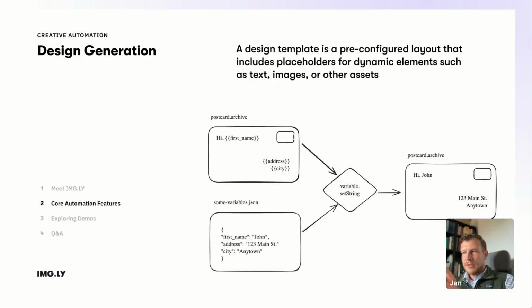I designed a postcard once, and then I want to data merge my database of recipients into that. This is where I talk to the engine and say, here's the template, set this string, set this variable, remove this placeholder. So the engine API that you interact with does the heavy lifting there, and then you get your variants.